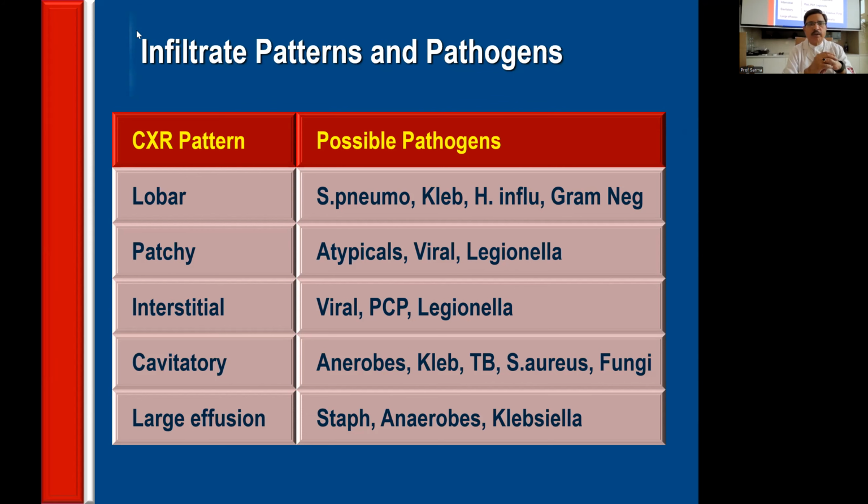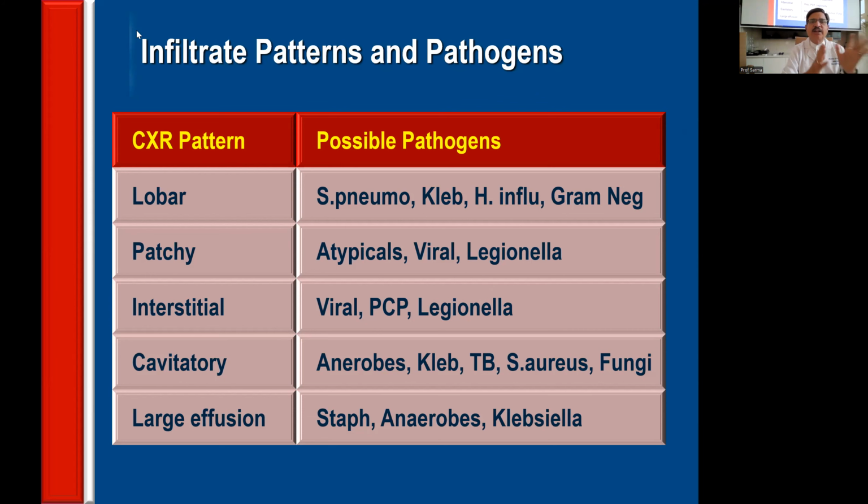Okay. Yes, pneumococcus, Klebsiella, H. influenzae, gram-negatives. These 4 produce lobar consolidation. There is a patchy pneumonia, like here and there, like cotton applied on the lung. Atypical pneumonia, viral pneumonia, legionellosis, are patchy pneumonia.